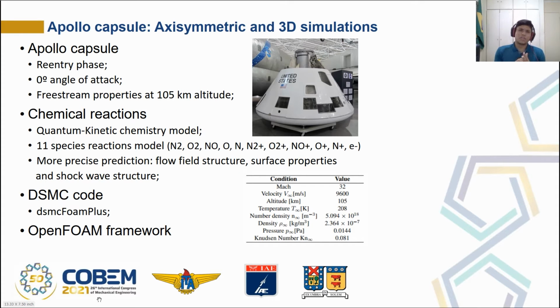The intent of the work was to make two simulations, the axisymmetric and the 3D one, and verify the behavior of the results provided by the IDSMC code between them. An Apollo capsule was used to make the simulations during a reentry phase, using zero angle of attack and simulating it in free stream properties at 105 kilometers of altitude.